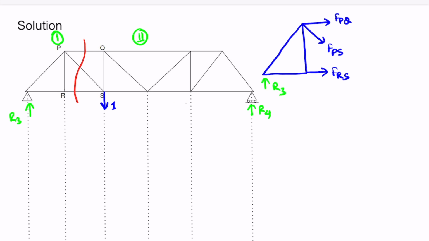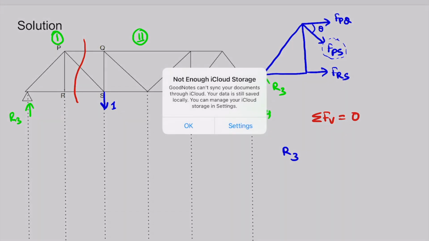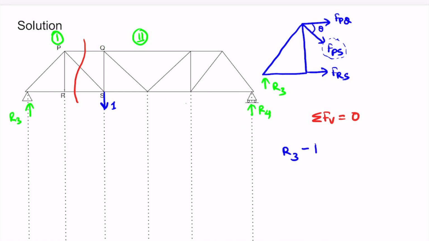Again we will use the equilibrium equation, that is summation of force in vertical direction to be 0. Let's see what are all the forces in vertical direction here. So there is R3 which is in upward direction, so it is positive. There is also sine component of FPS, but it is in downward direction, so we'll take it as minus FPS sine theta and equal to 0.